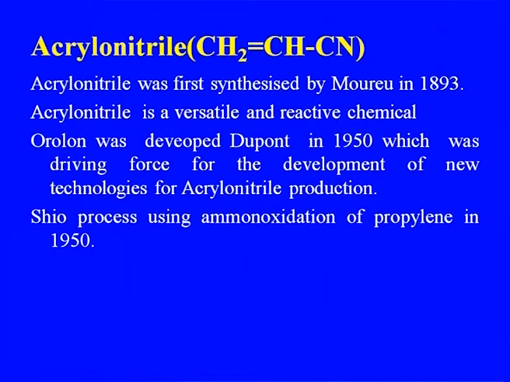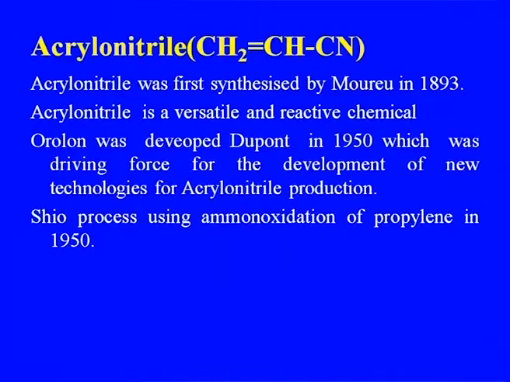Acrolein was developed in 1950, which was the driving force for the development of new technology for acrylonitrile, because, as I told you, there has been continuous development in the process technology for the manufacture of acrylonitrile. The starting material was acetylene, as in the case of other petrochemicals, before the petroleum route.